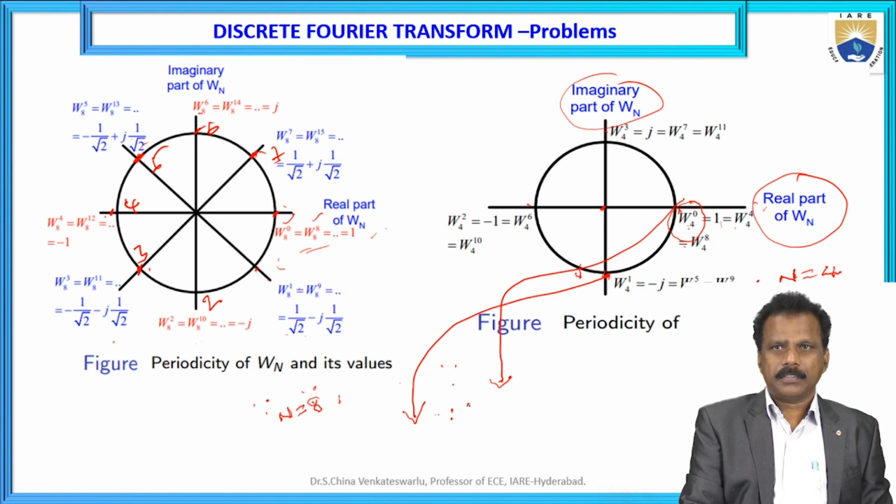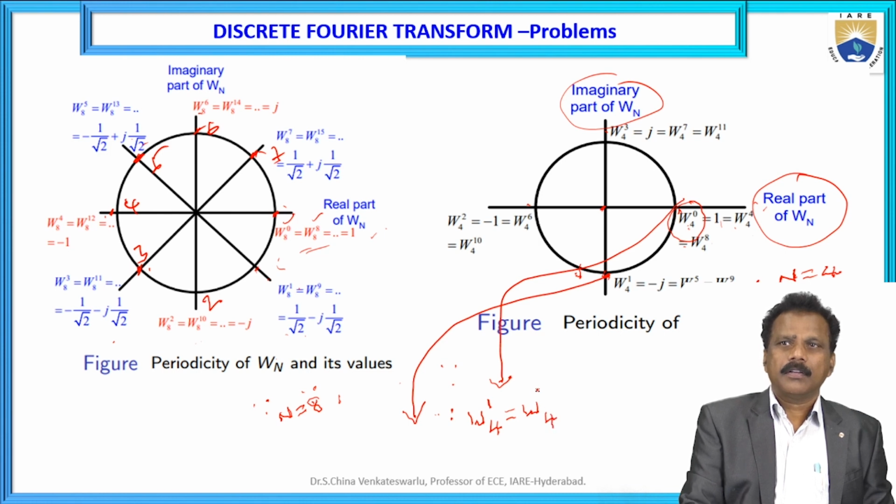How are we verifying it? The weighting twiddle factor W4, where capital N is equal to 4, with Kn equal to 1, is equal to the twiddle factor with N equal to 4 and Kn equal to 5, which is equal to W4 with Kn equal to 9.